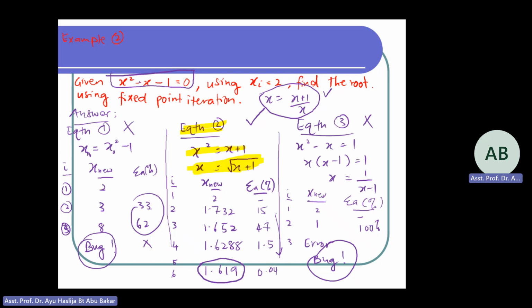If you get 0, or you get 0.00 something, approaching 0, then your x is correct. If you get, let's say, 2, then your x is not correct. Same as the previous example. Try to plug your final value back into the equation. Do you get 0?